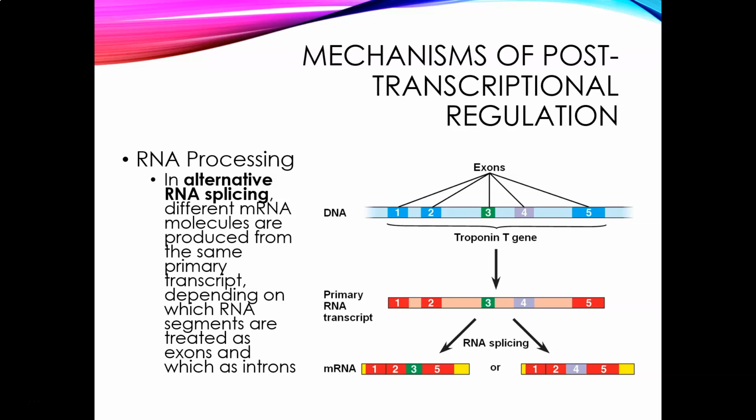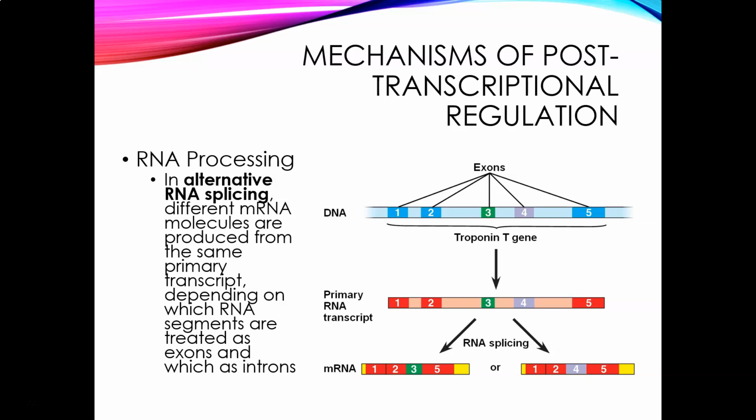So I can have a single gene in my DNA that can maybe produce 3, 4, 5 different similar proteins, as opposed to needing a single gene for all 5 of those proteins. So it's a much more efficient use of genetic information and space to store that information.